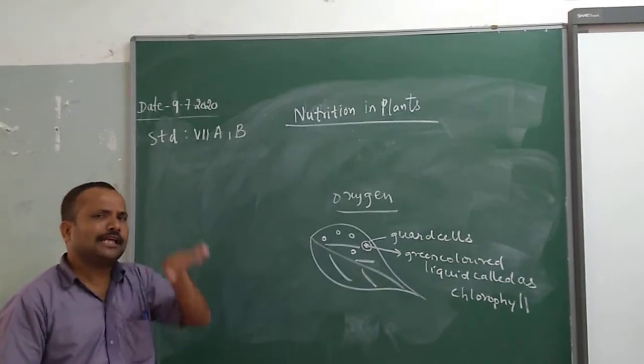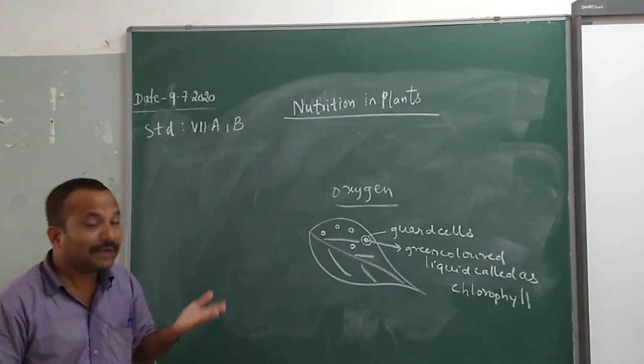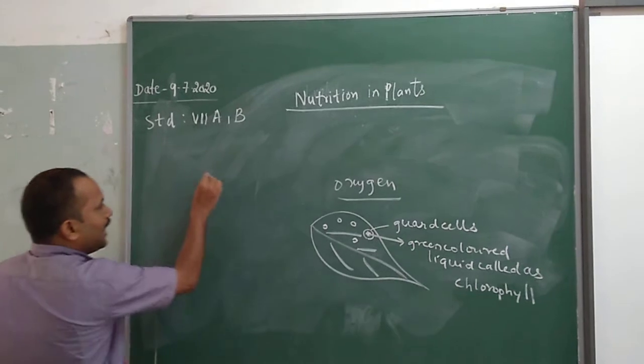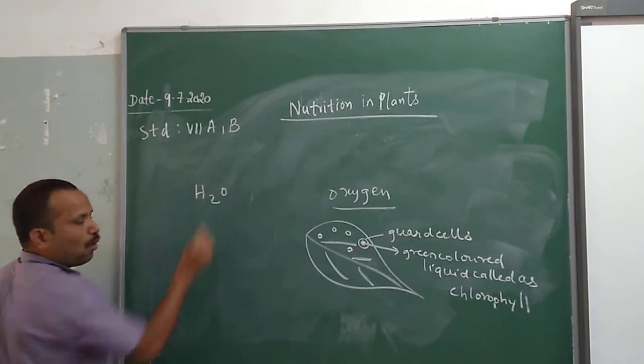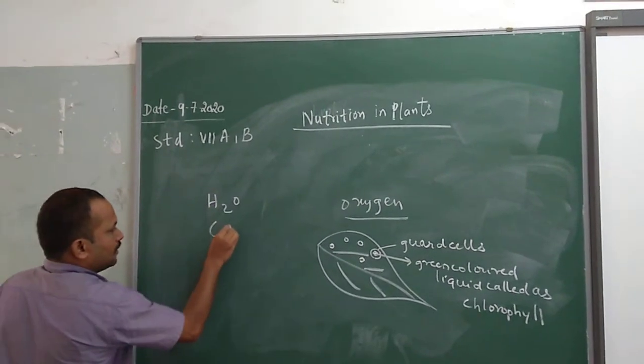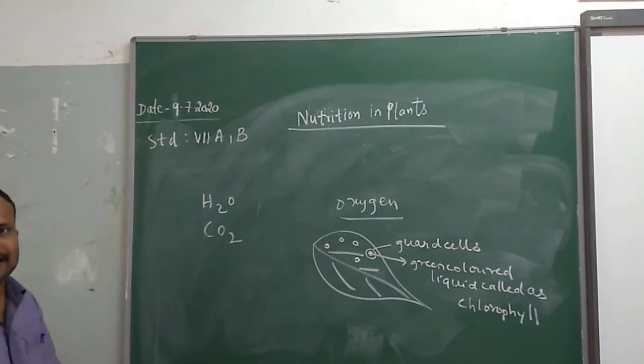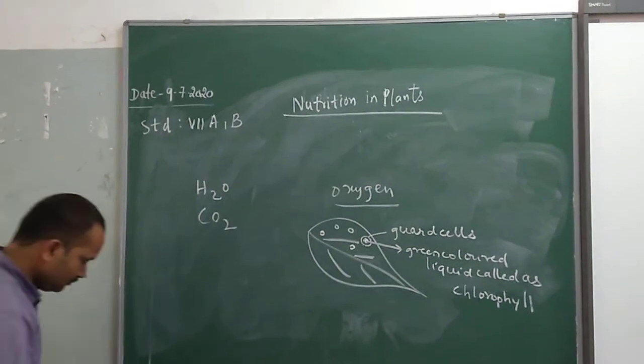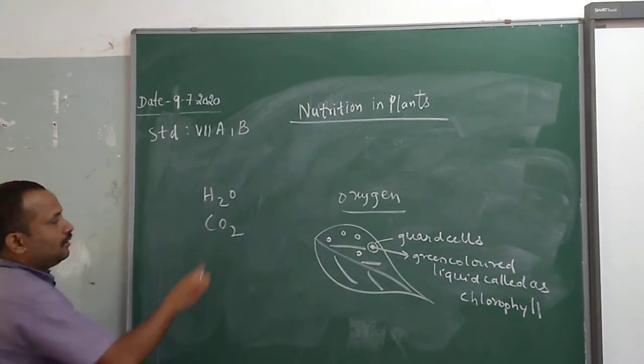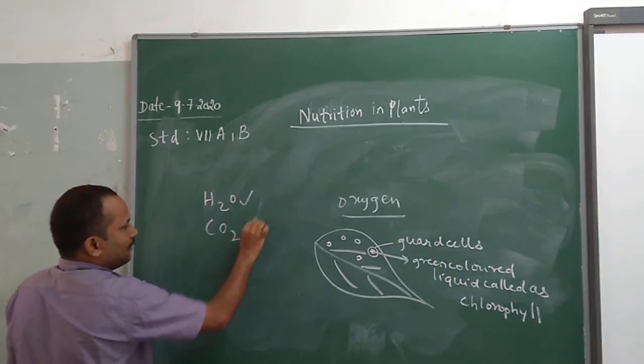Because of this, sunlight is absorbed, and photosynthesis takes place with the help of H2O, water, and CO2, carbon dioxide.